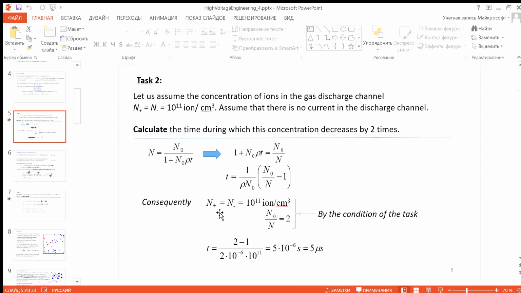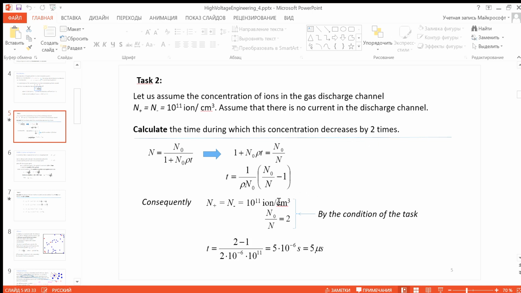Consequently, by the condition of the task, n plus equals n minus and equal to 10 power 11 ions per cubic centimeter, and n0 divided by n equals 2, because concentration decreases by 2 times.